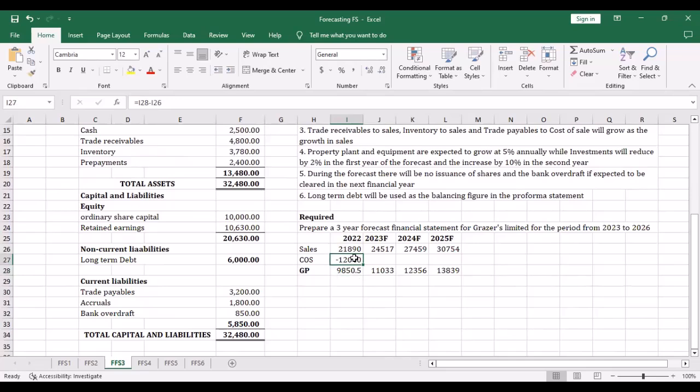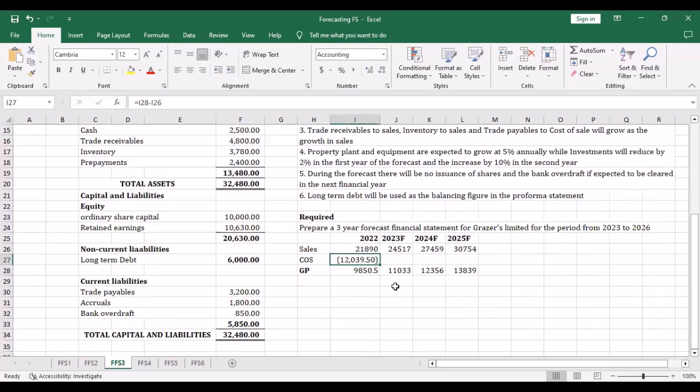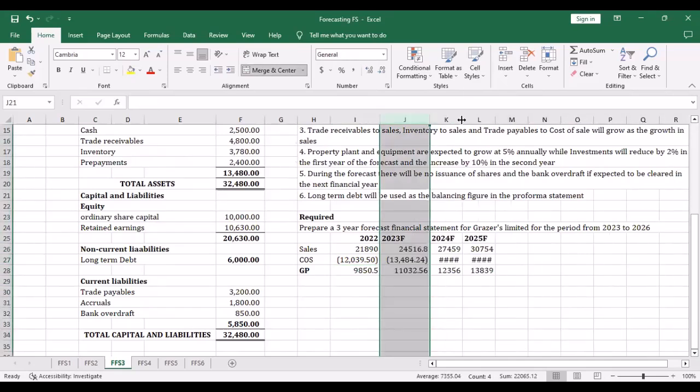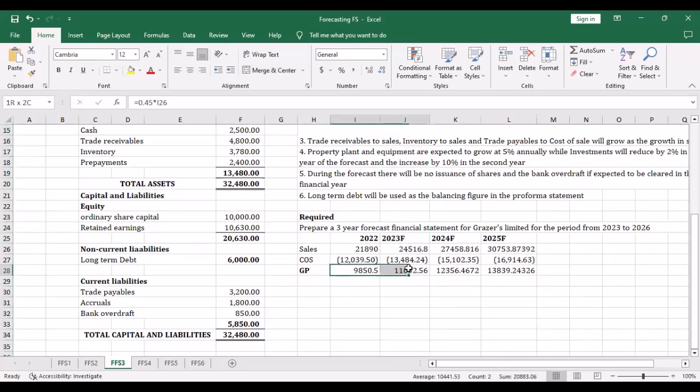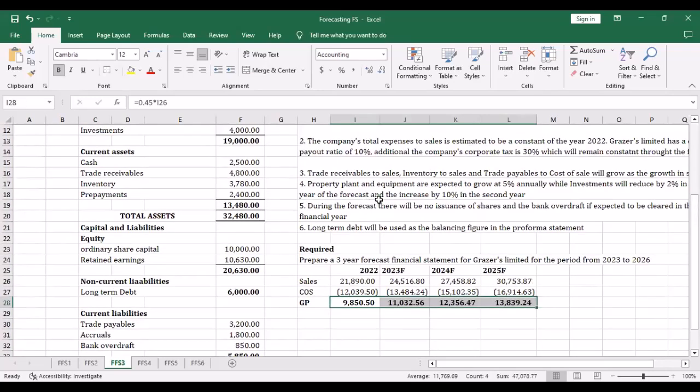It will be in a negative format, because it's an expense. So I'll just write in here, also here, then also here, so I can check to make sure that it is right.